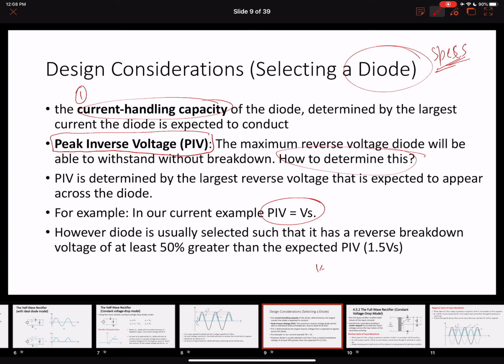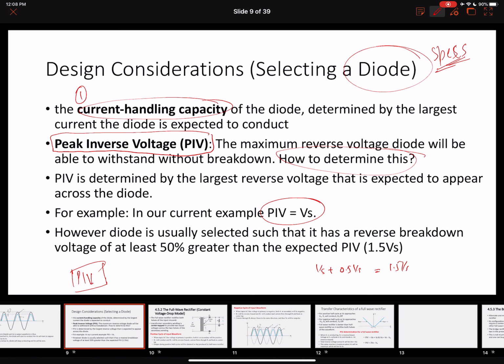So it should be Vs plus 0.5 Vs, 1.5 Vs, or whatever the PIV value that we get. We should select a value greater by 50% to make sure that it will never enter the breakdown region, even if there is a variation in the peak inverse voltage that can appear across the diode. Even if slightly more voltage appears across the diode, it shouldn't enter the breakdown region. So we want to select our PIV value considering that parameter.